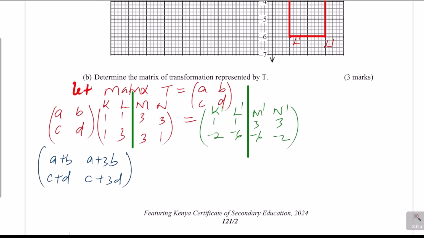So you can see I've used only the 2, K and L, equals to K prime and L prime. So these will be (1, negative 2), (1, negative 6).